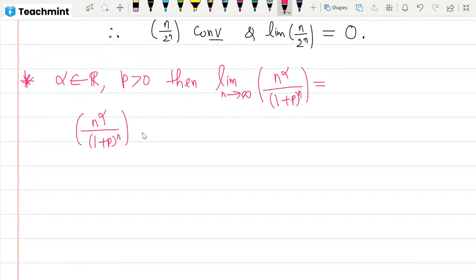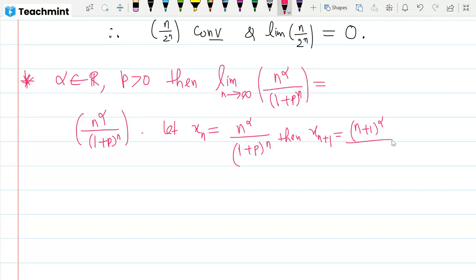Let xn equal this; again I am going to use the ratio test for sequences. xn is n power alpha over (1 plus p) whole power n. Then xn plus 1 equals (n plus 1) whole power alpha over (1 plus p) whole power n plus 1.